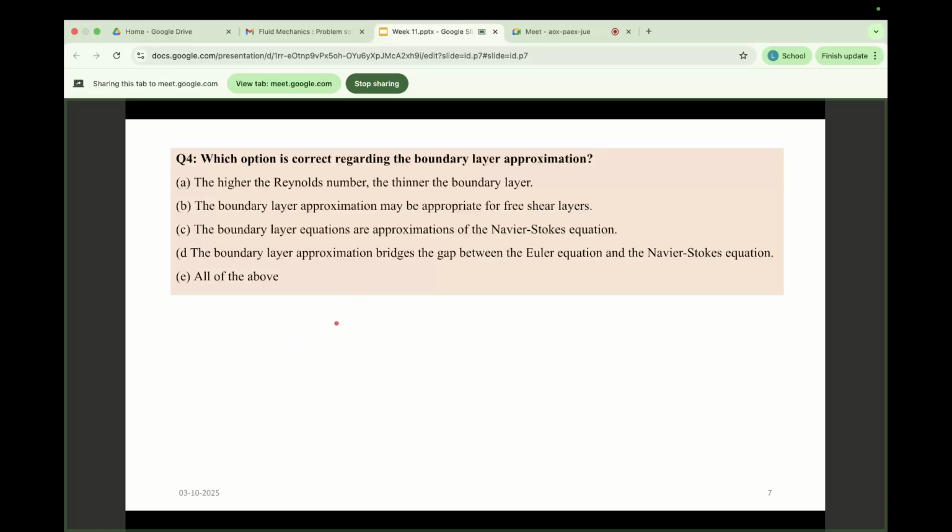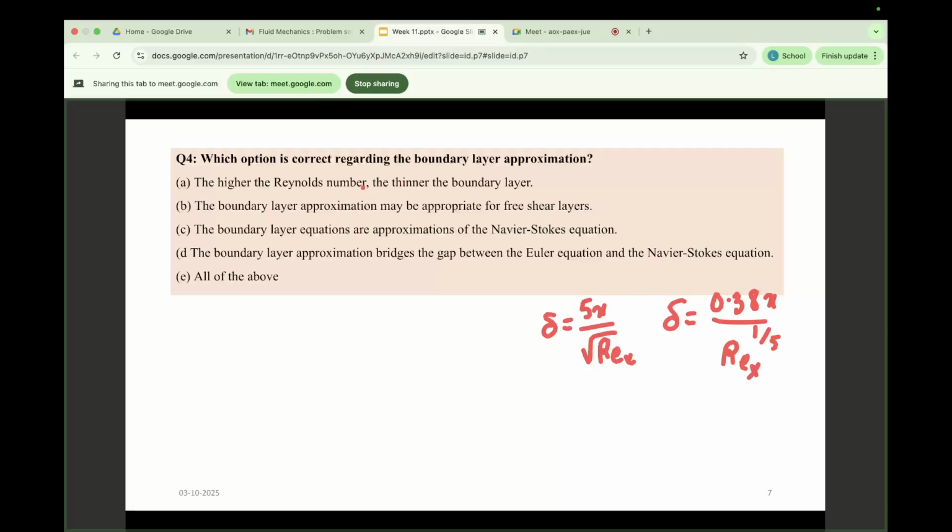See, two questions back, I gave you the formula for the thermal boundary layer thickness. For laminar flow it should be like this one, and for turbulent flow it should be 0.38 x into Reynolds number to the power 1 by 5, right?